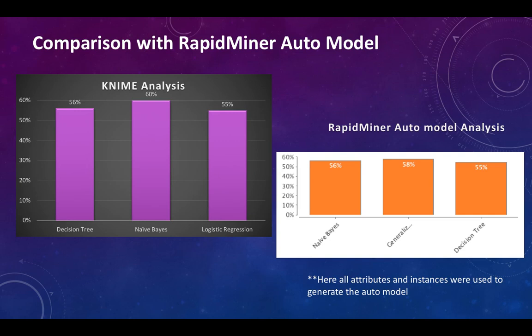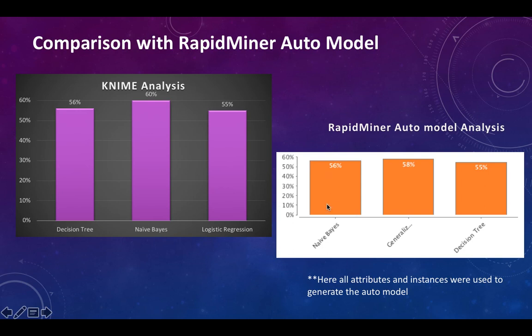Finally, I compared my analysis tool, which was KNIME, with RapidMiner. There is a tab called Auto Model in RapidMiner, and I just wanted to compare if there are any differences if I use the same algorithms in both KNIME and RapidMiner. There were not many differences, but yes, naive Bayes was showing more accuracy in KNIME in comparison to RapidMiner.